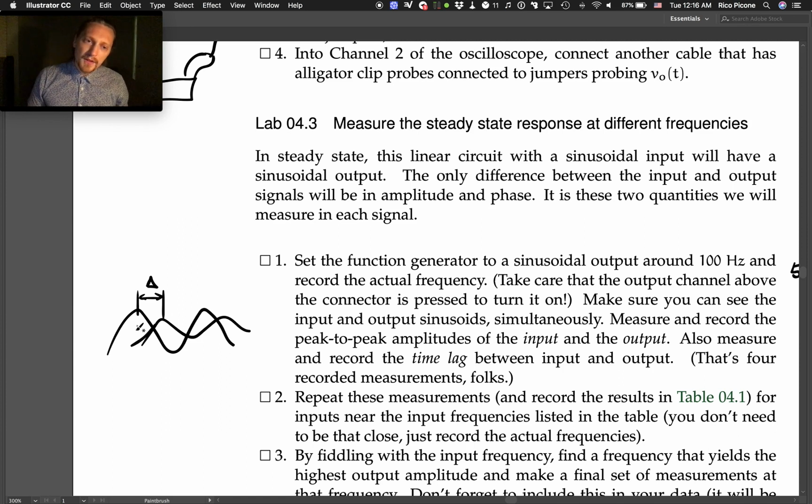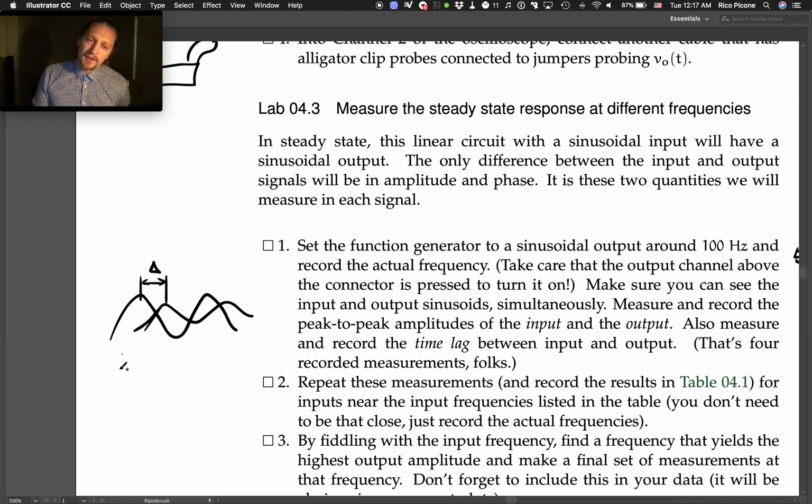The frequency. So for those of you who are using the newer function generators, you can trust the frequency. You're not going to get a better measurement than that. If you're using the BK function generator, you're going to have to measure it. It's not a calibrated frequency. So you're going to have to measure it.